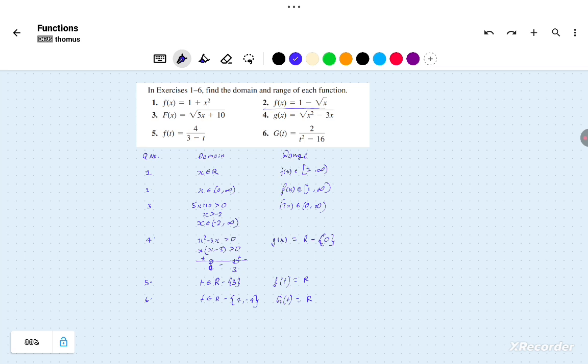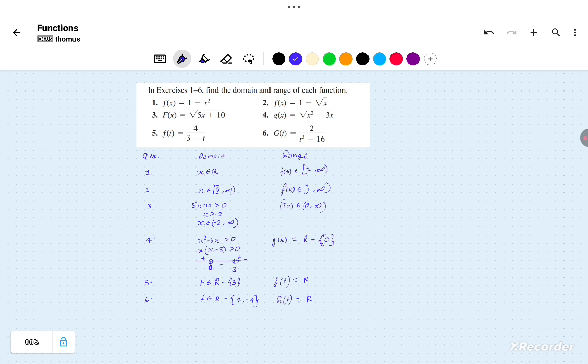Taking question number 2, we realize my x here should not be complex, it should be a real number. Therefore my x will always be from 0 to infinity.